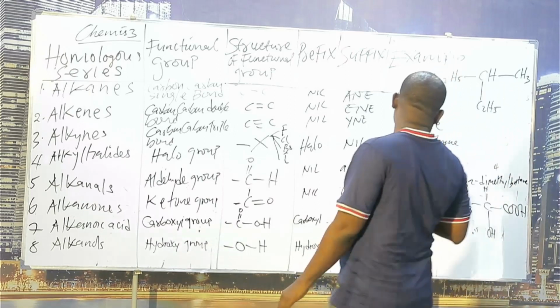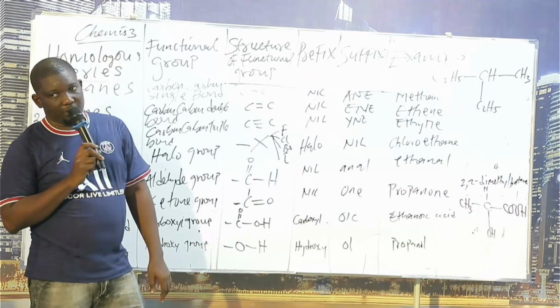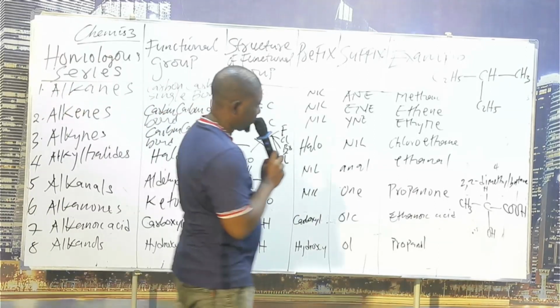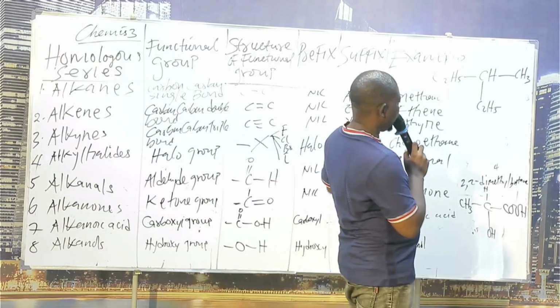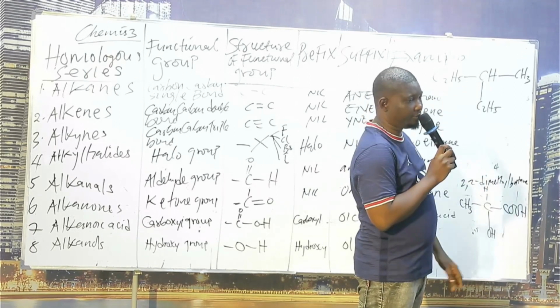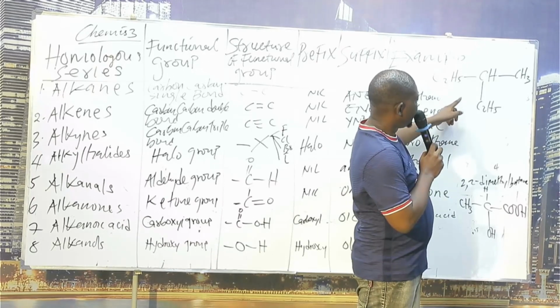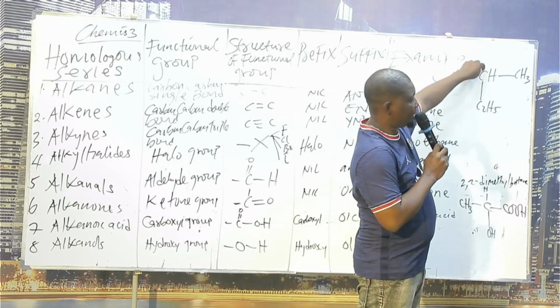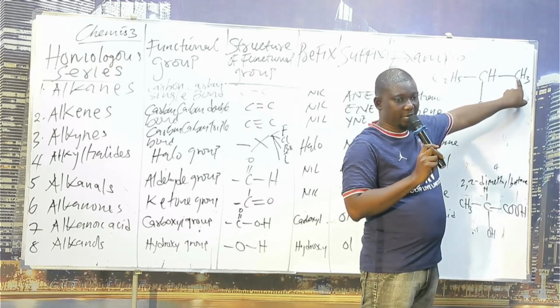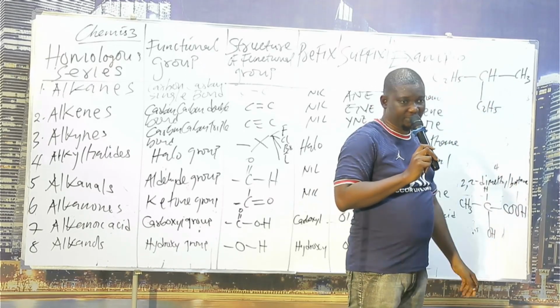Is it correct? The longest chain is 2, 3, 4, 5. Here is 3. This is a side chain. So it is at which position here? 3.